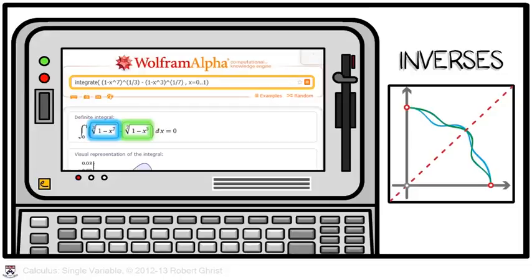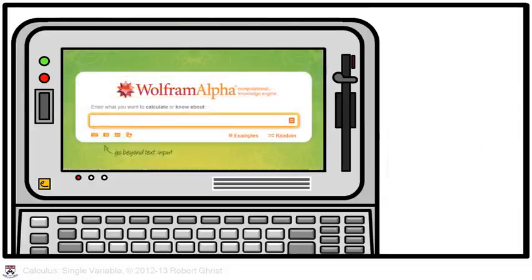And since we're going from 0 to 1, where it intersects the x-axis, that means that the integral of the difference between these two must be 0, because anything on the left is balanced out by the corresponding piece on the right. Wolfram Alpha does a great job, but it doesn't explain the why.